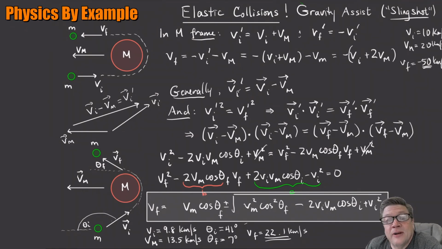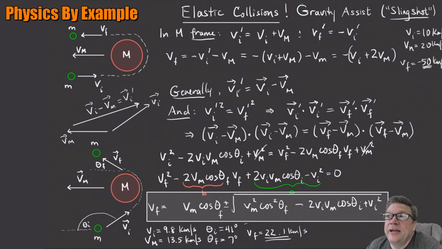How do we know that this sort of complicated looking expression is right? What you can do is look at the limit. Look back at our first easy example. It's not very physical, but we can look at it anyway just to see if the math looks right. What is our vi? What is our theta initial? For this example up here, I'm coming in on this vector and the planet's moving at that vector. So the angle between those two is 180 degrees, right? So cosine theta i is -1.